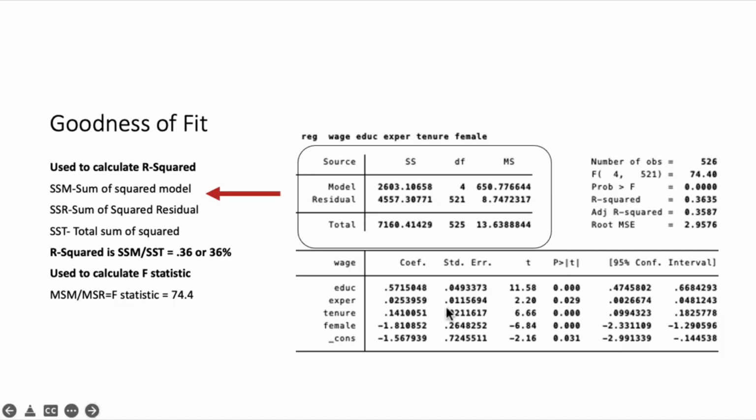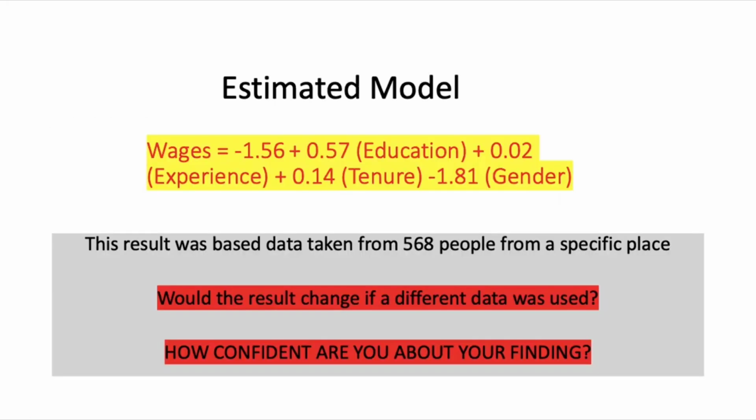Before I get to the lower half, what's very important to remember is that we are trying to explain how the world works, a phenomenon that exists in the population.